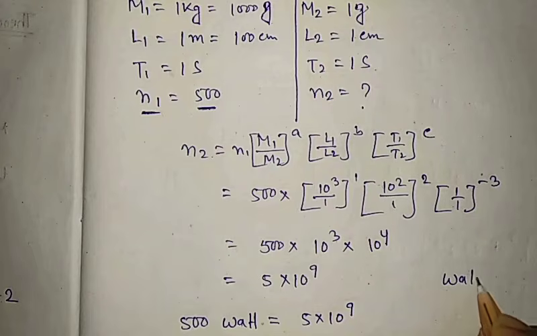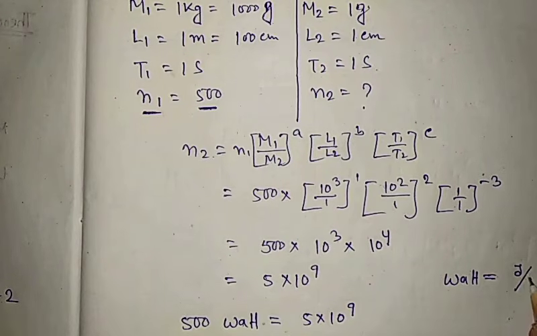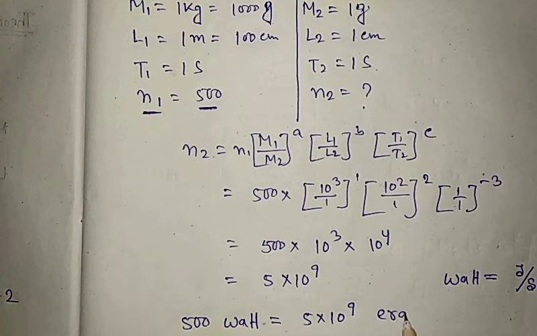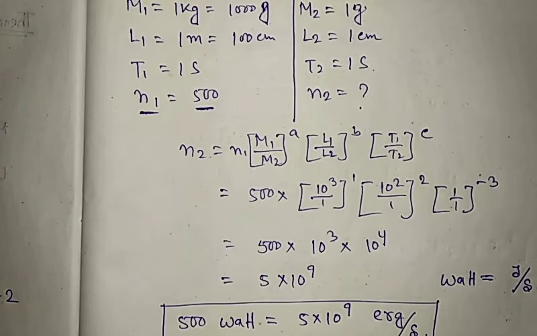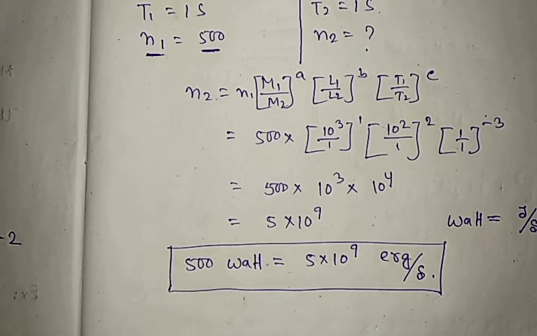Actually watt means joule per second. Okay, so it converted into CGS. So now joule is converted into the erg per second. So this is our final answer. Okay, dear student, thank you.